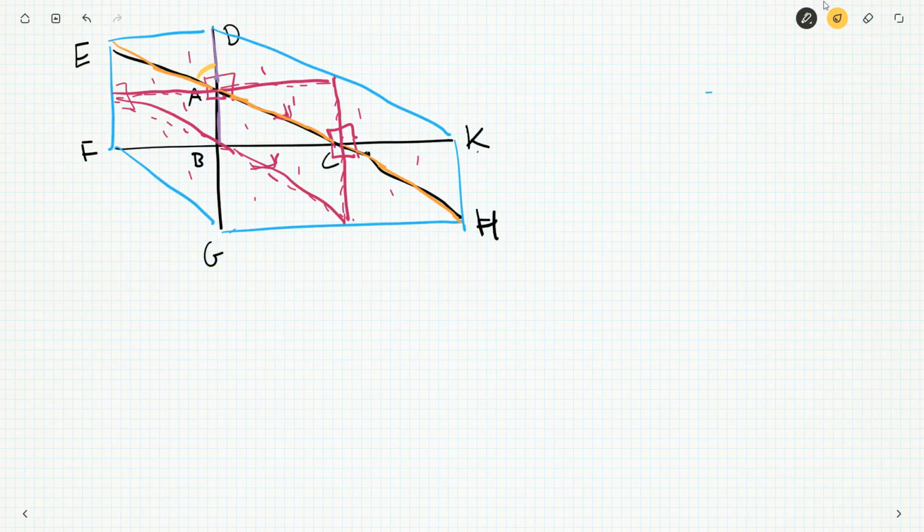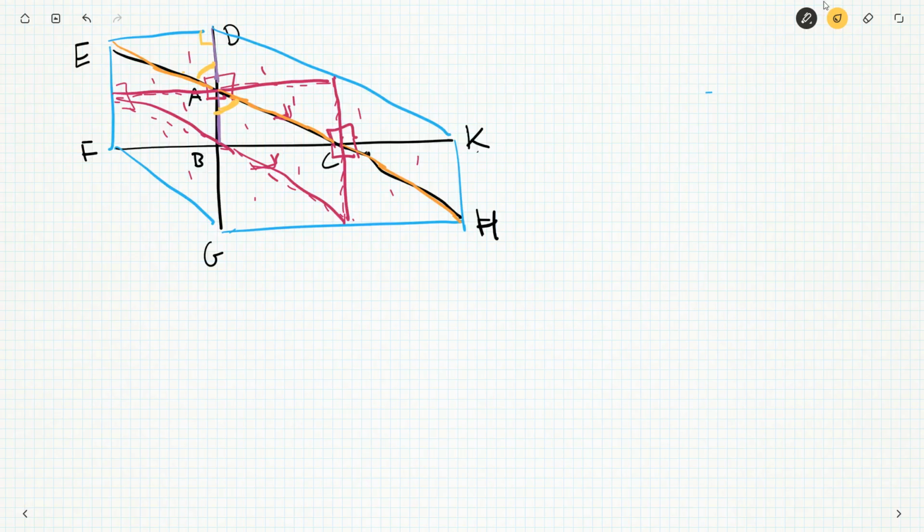This angle has got to be equal to this angle. So now we've got side, angle, side. These are going to be congruent triangles. So ADE is congruent to ABC. Okay, so we really do have a right angle here.